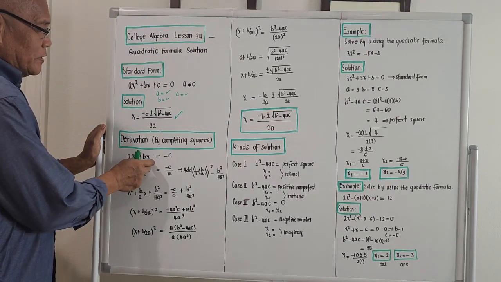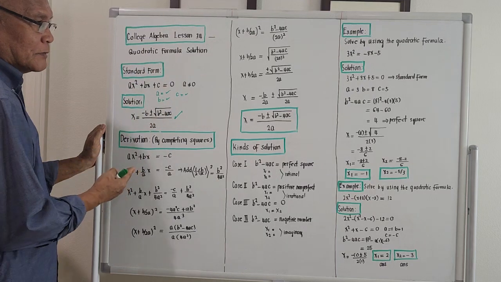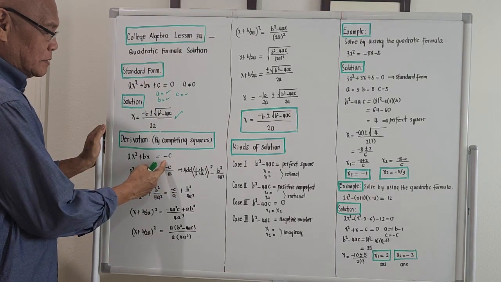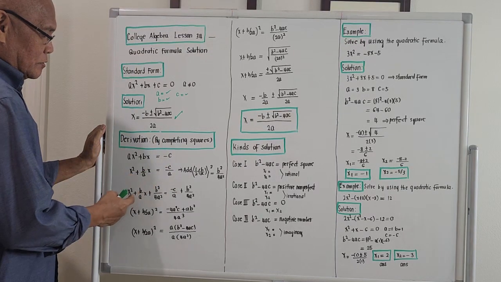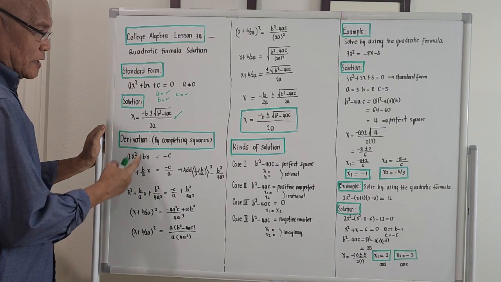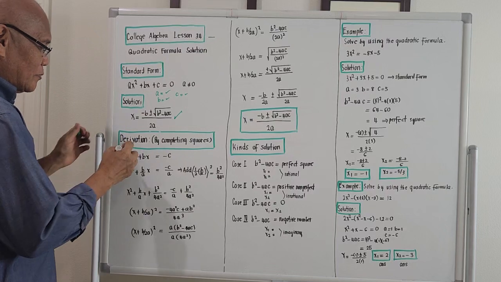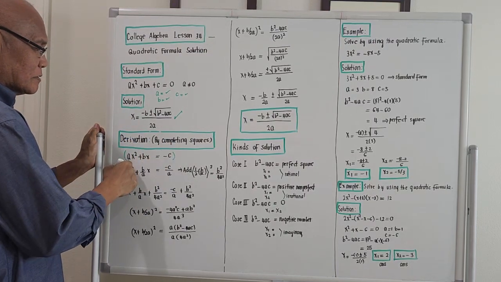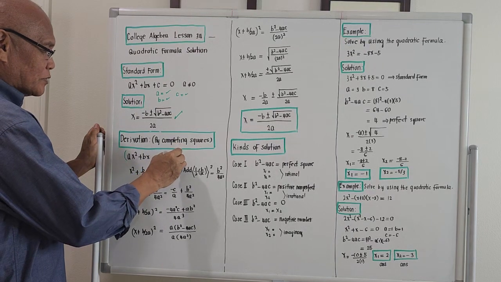ax squared plus bx, first step, all constant terms to the right. So this should be negative c. Next step, we must eliminate that a on the coefficient of x. So we will multiply all the terms by 1 over a.